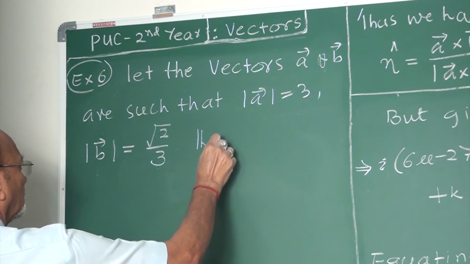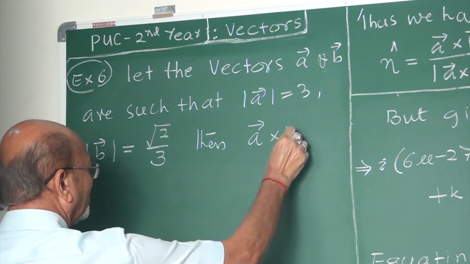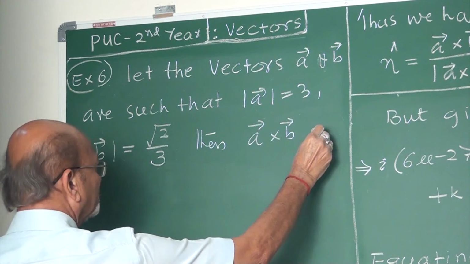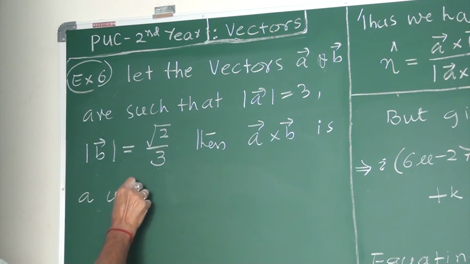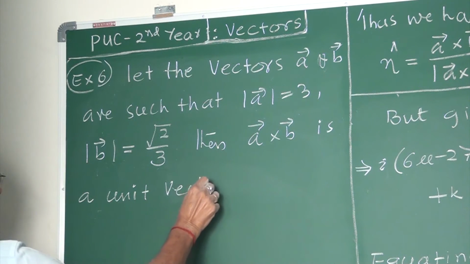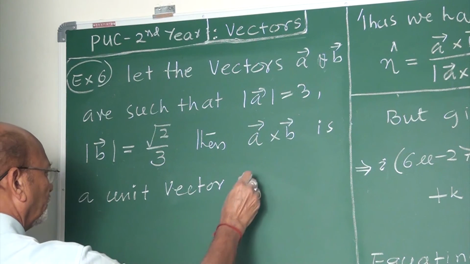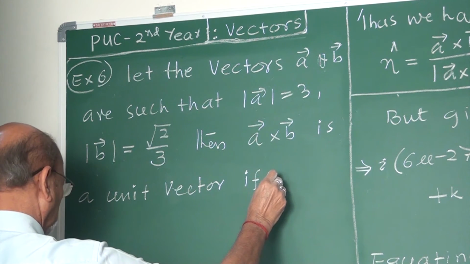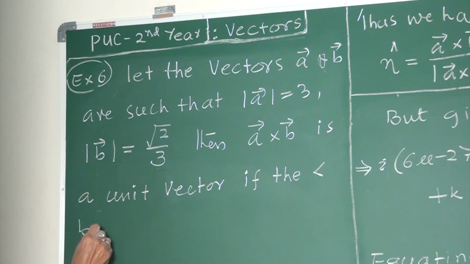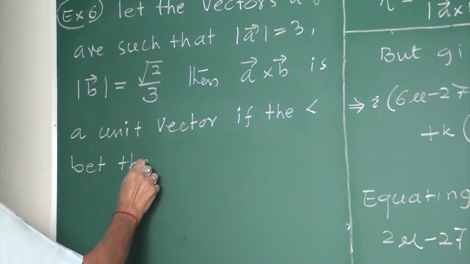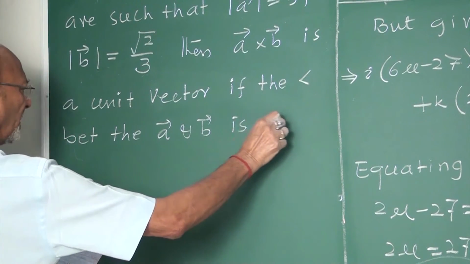Then A cross B is a unit vector if the angle between the vectors A and B is dash.